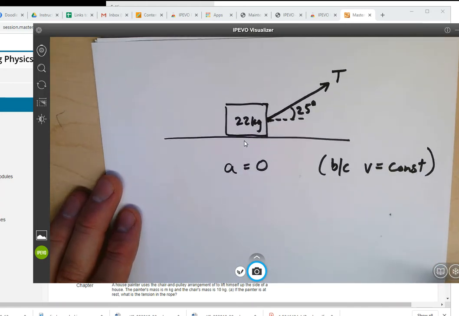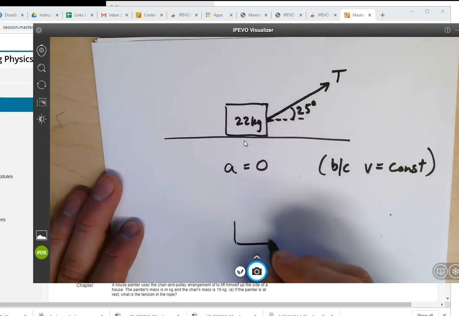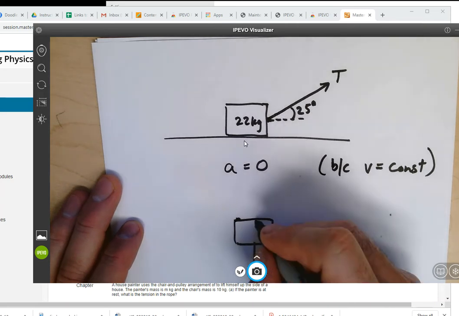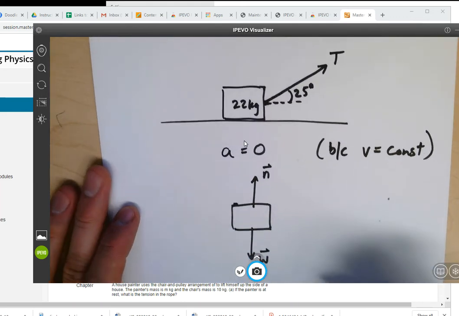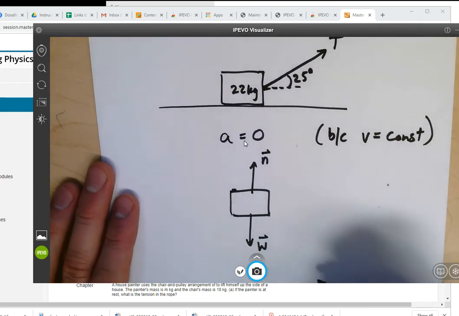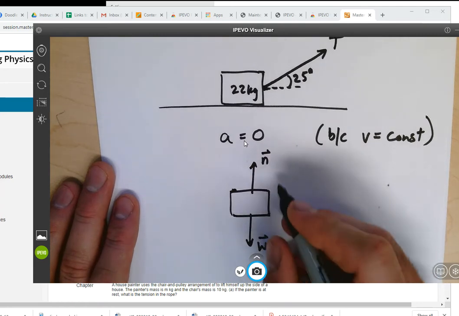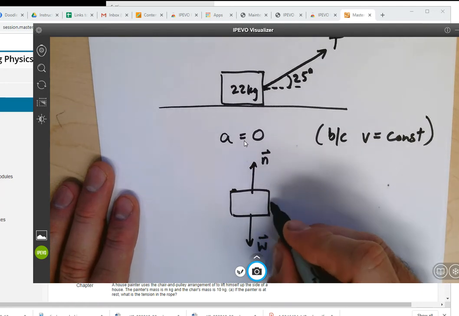The other thing is that we should draw a free body diagram. The things I can think of that are going on here are the weight of the box, right? So here's the weight, here's the normal force. Notice I didn't have to do A or B this time because there's just the one box. And then we have this tension pulling off in this direction.